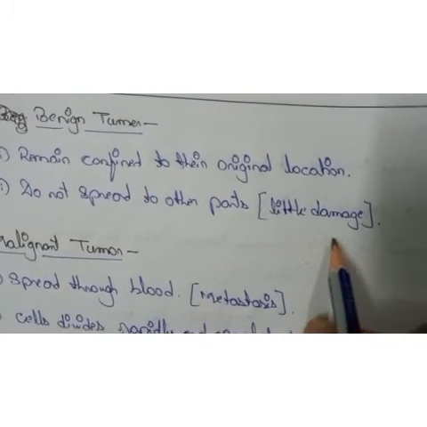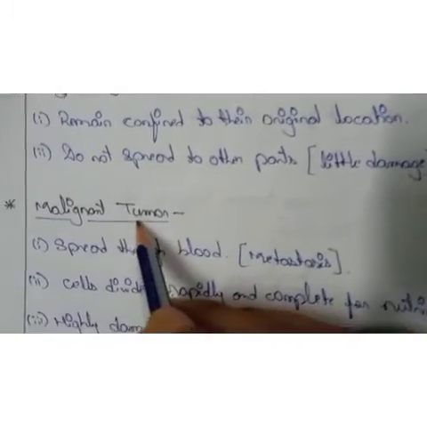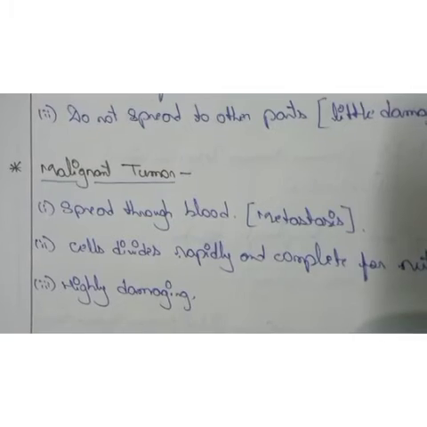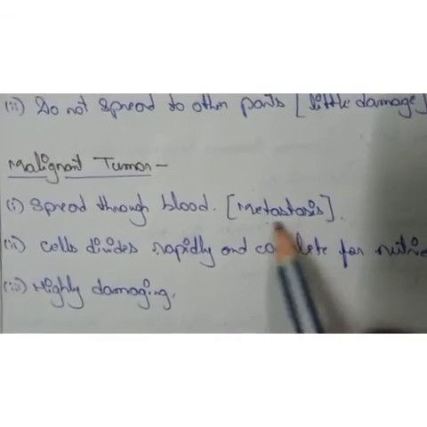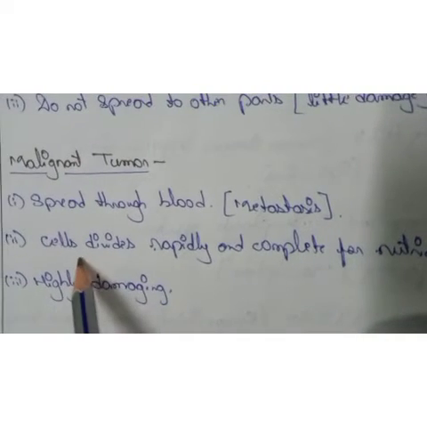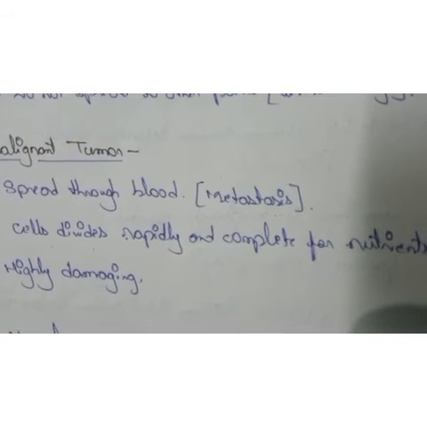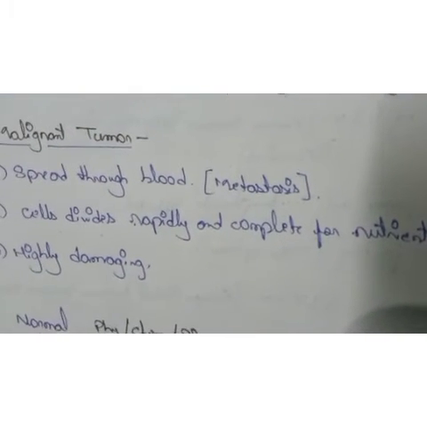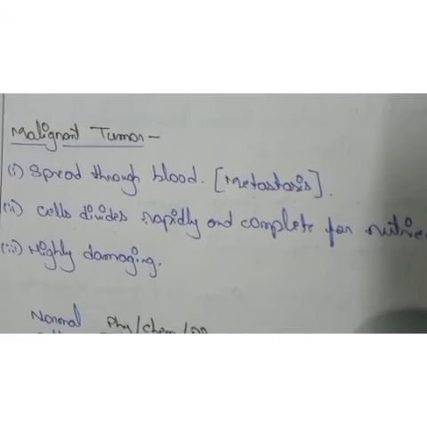It causes little damage. But a malignant tumor is the most dangerous. It spreads through blood, which is called metastasis. Cells divide rapidly and compete for nutrients. It highly damages the body cells or tissues.